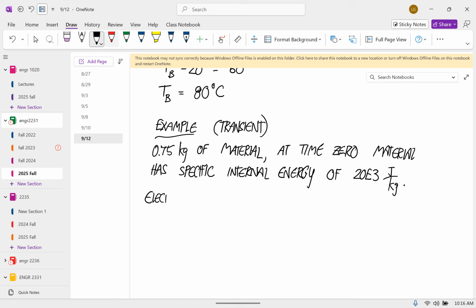Electric work is input to the material, or let's call that power, electric power. Power is just the rate of work. That's always what power means. So electric power is input to the material at 1 times 10 to the third watts.